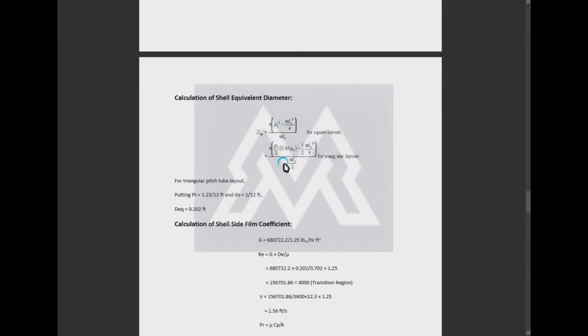From these two formulas, since we have the triangular layout of the tubes, using this formula we put the pitch equal to 1.25 inch, which is 1.25 over 12 feet. So d naught is equal to 1 inch, 1 over 12 feet. Putting these values in the formula for triangular layout, the D equivalent is calculated to be 0.202 feet.